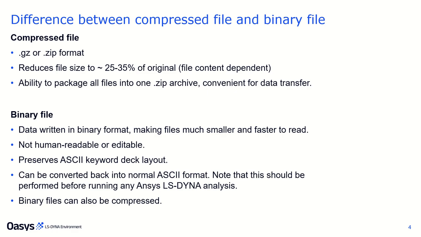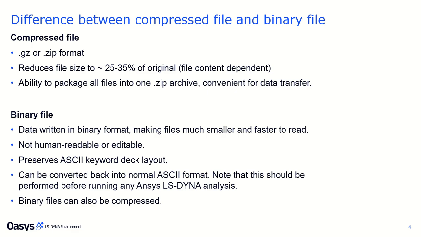So that makes transfer of files much quicker. At the same time, you can also package all of these files. If you have a master file with many include files, you can package them all into one .zip archive. That means when you're transferring data, you essentially just have to transfer one file across, and that makes it much easier.